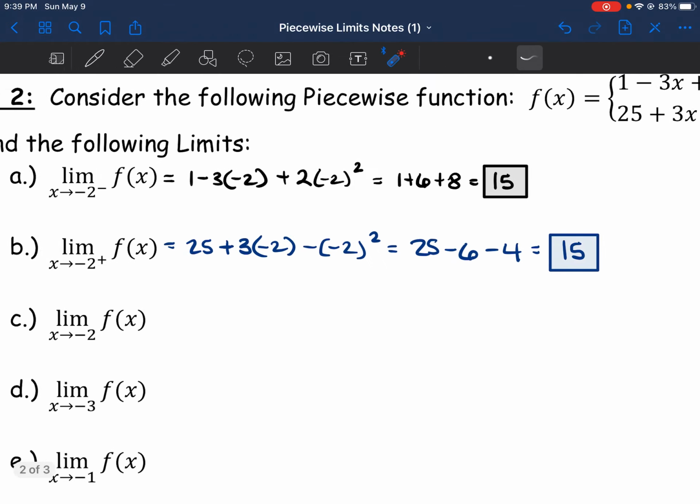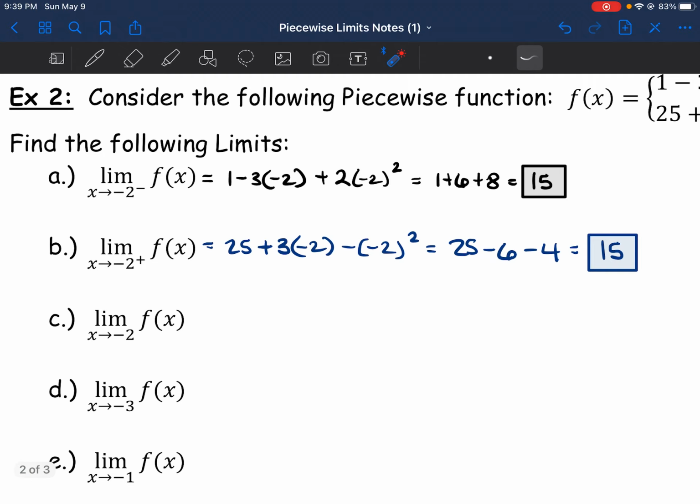So notice that the limit as x approaches negative 2 from the left was 15. The limit as x approaches negative 2 from the right is 15. If the left and the right-sided limits as x approaches negative 2 are equal to each other, then the limit as x approaches negative 2 is going to be equal to 15. Nice and easy.